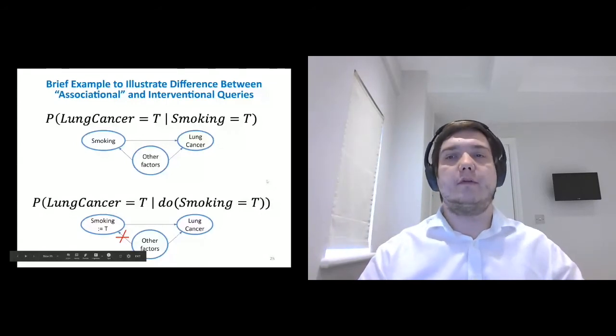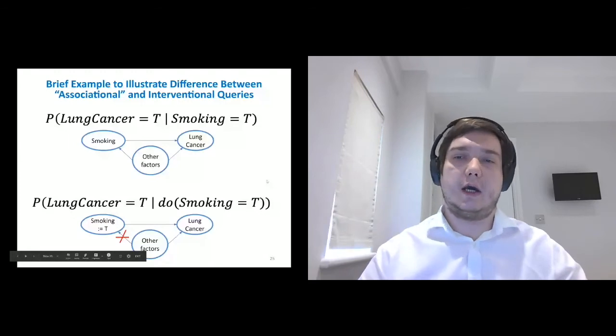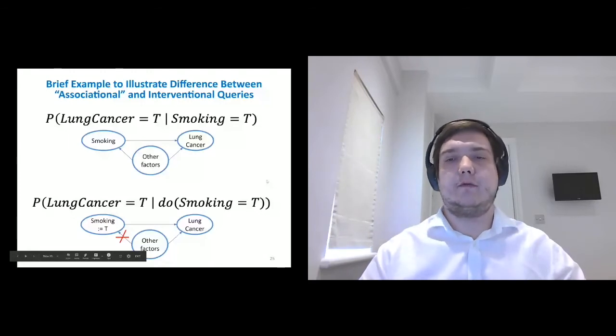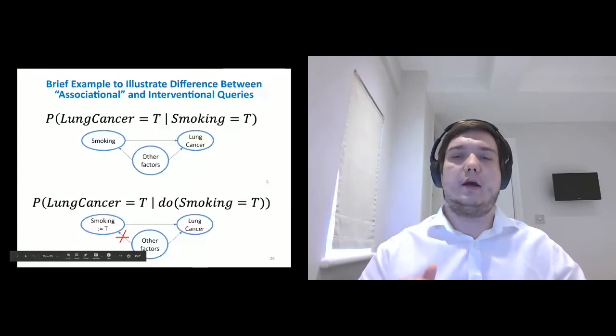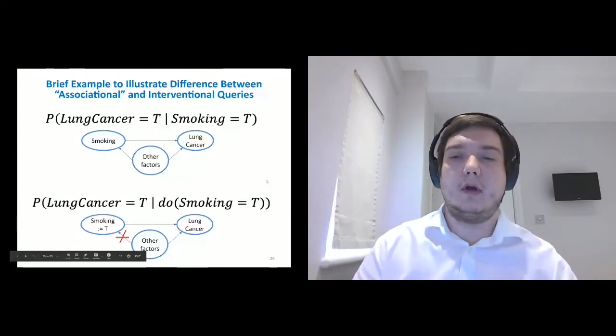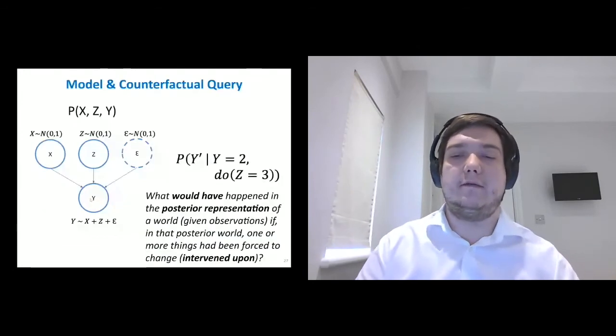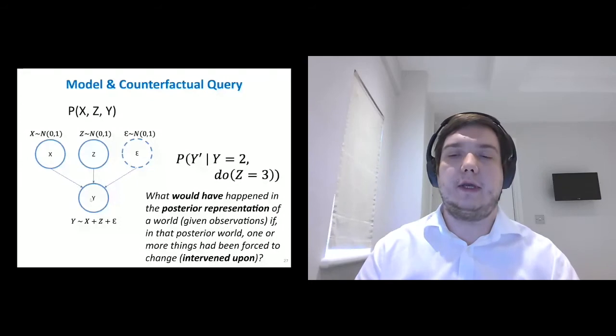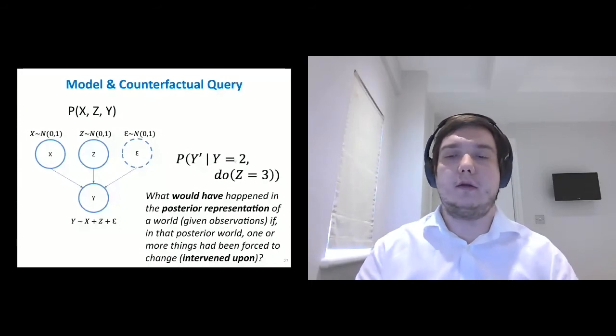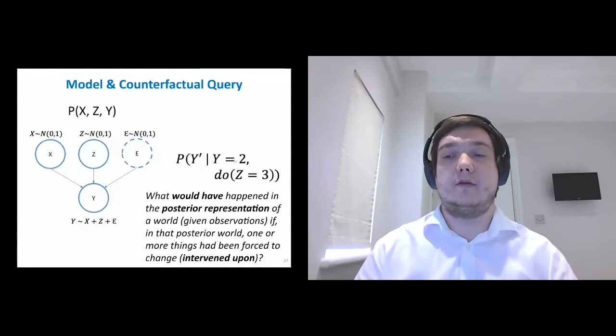And now for counterfactual queries, we have, for example, a query like this, where we're interested in what the probability of y prime would have been if we have an observation of y equal to 2, and we had forced z to be equal to 3. We intervene upon z.